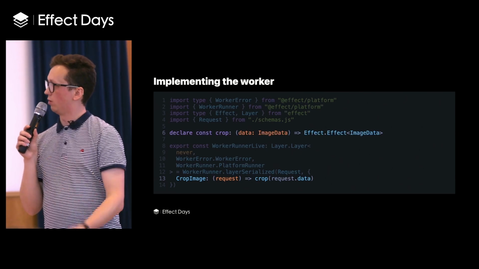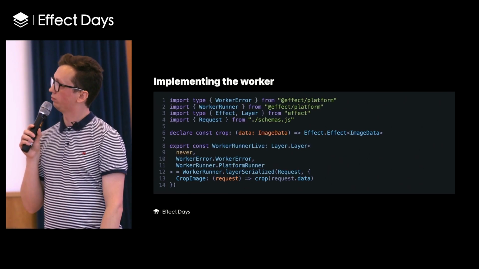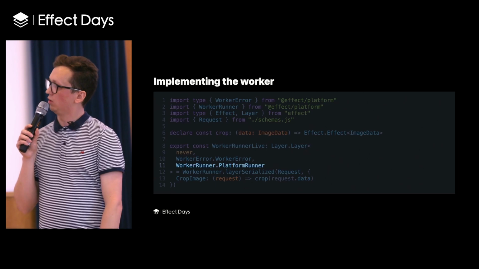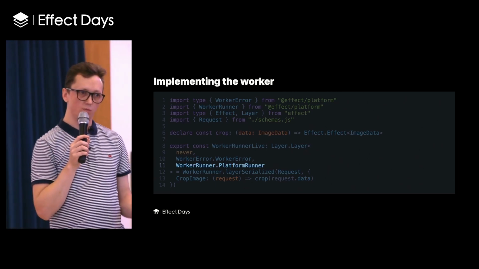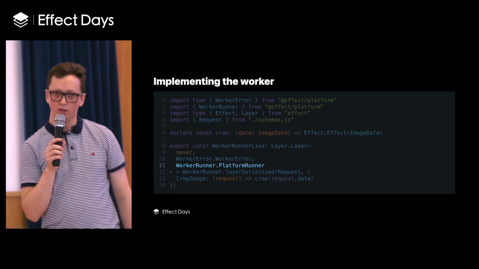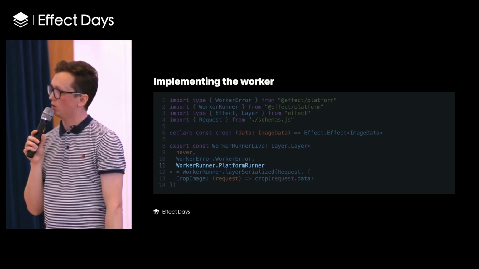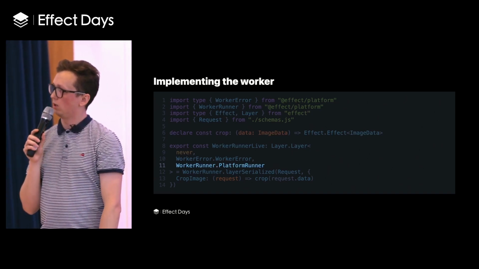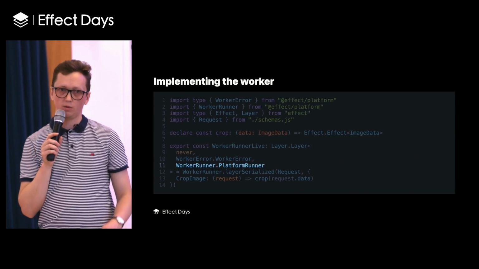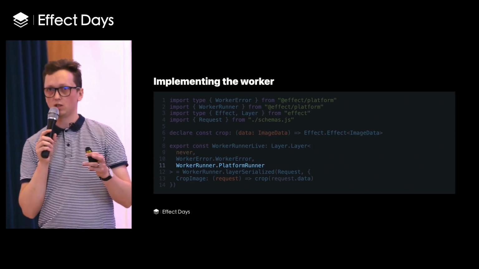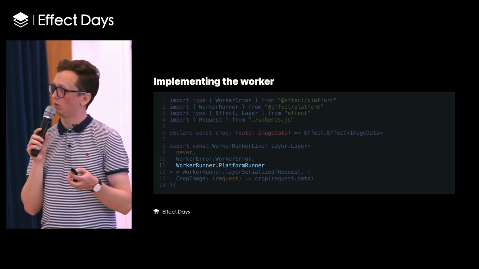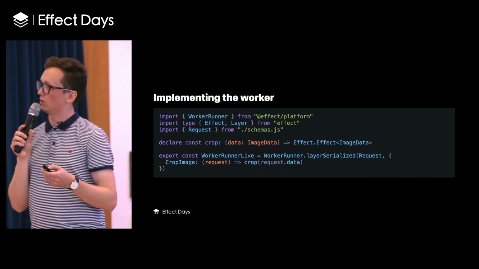And then if you had more requests, you would also add that in here. And then what's key to note here is this is completely platform agnostic at this point. So we can still see here that there's a missing dependency. And that dependency is the platform that we eventually provide, with the platform we are targeting, which I'll show you in the next slide.